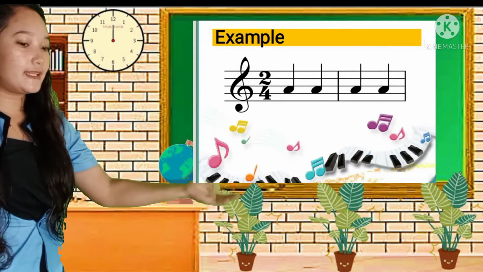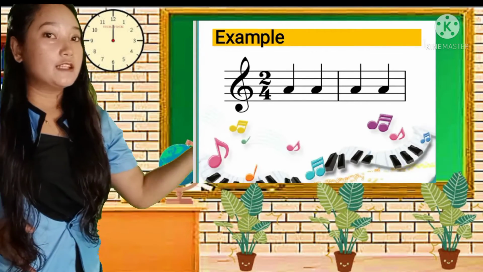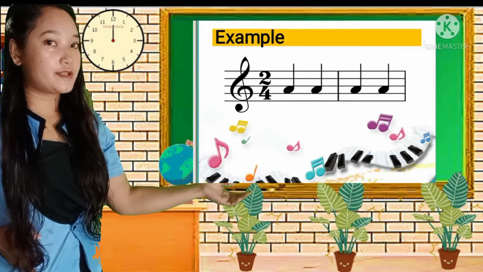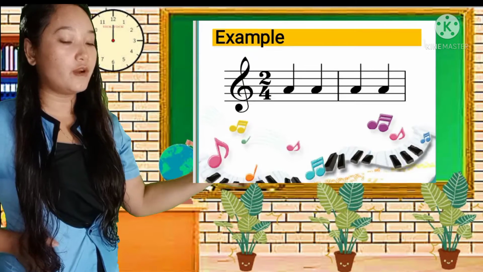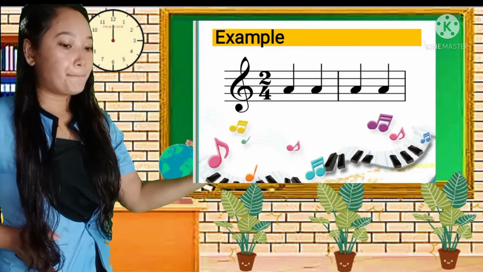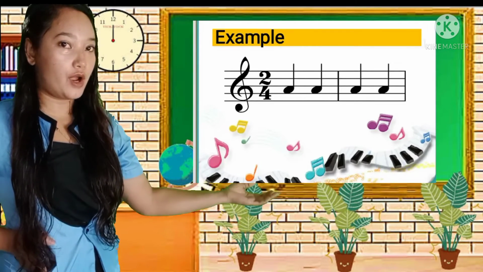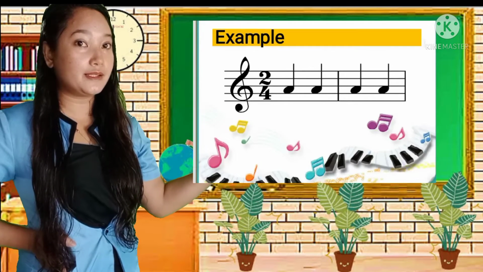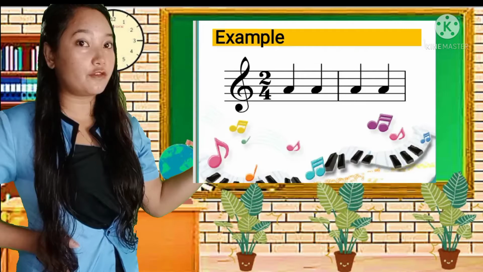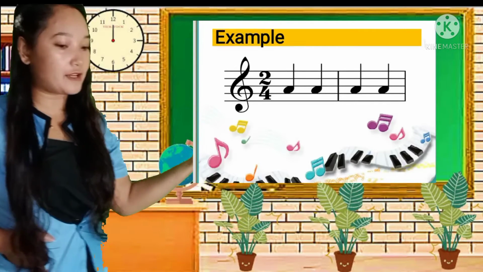Alright, this is an example of a duple meter. As you can see, it has a time signature of 2/4. So it means that the top number is a measurement of how many beats are in each measure.